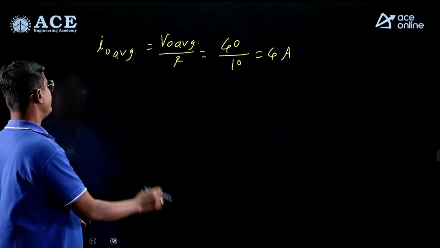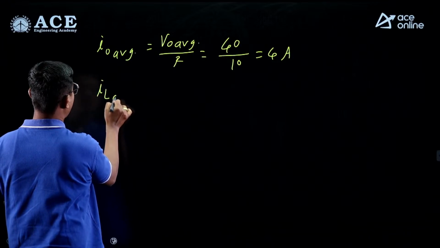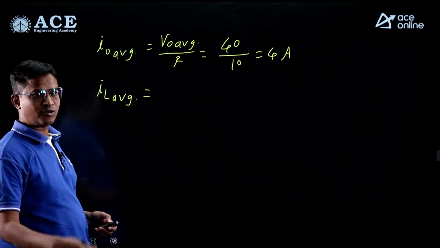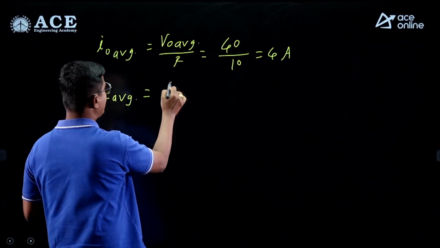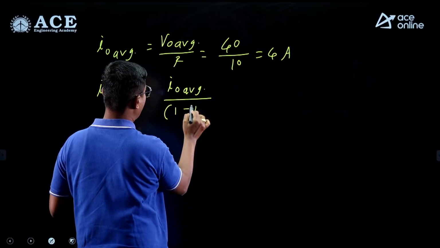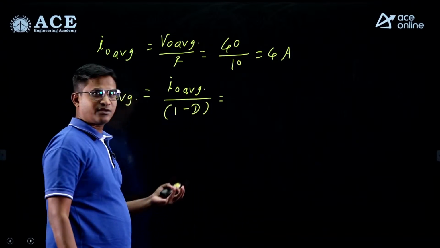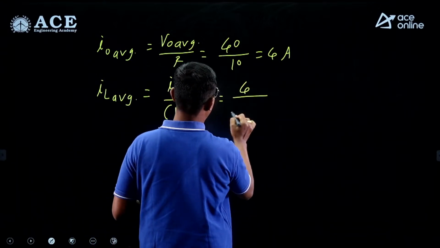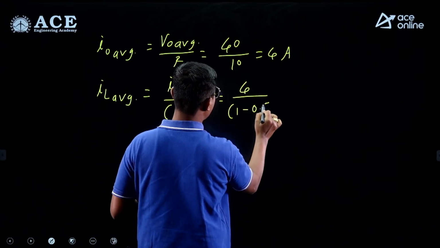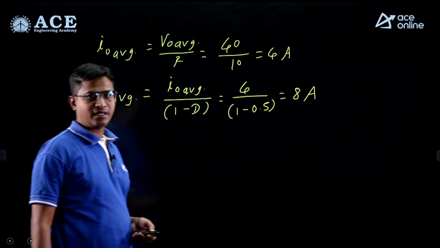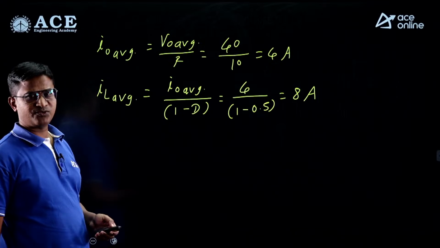This is I0 average. Further, for the boost converter, what is the expression for IL average in terms of I0 average? Yes, IL average is I0 average upon 1 minus D, the ampere second balance equation result. So I0 average is 4 upon 1 minus duty cycle, 0.5. So it is equal to 8 ampere. So IL average we have calculated.